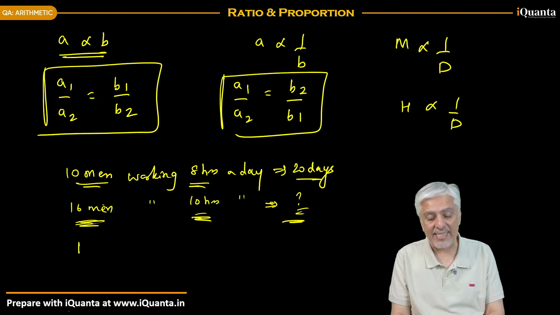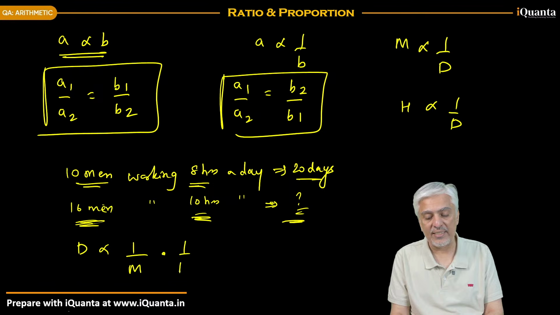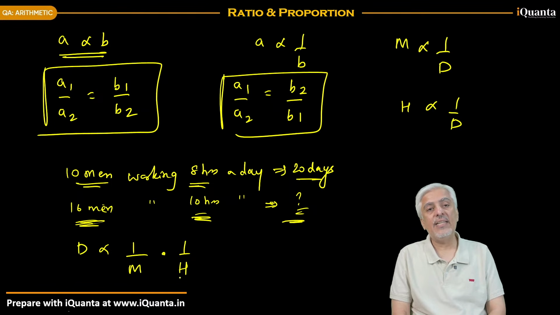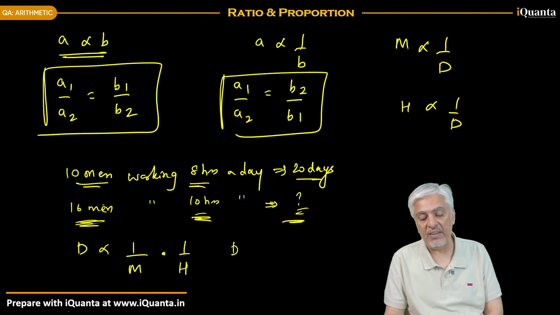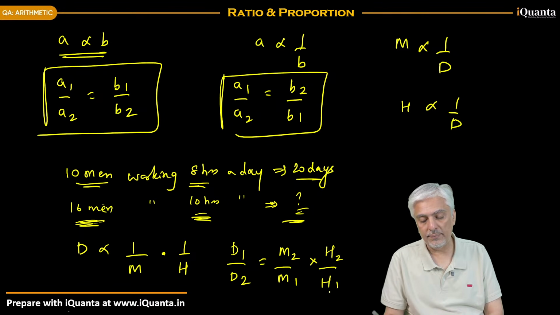So can I say days are inversely proportional to men as well as hours? And hence you will write D1 upon D2 is M2 upon M1 multiplied by H2 upon H1.